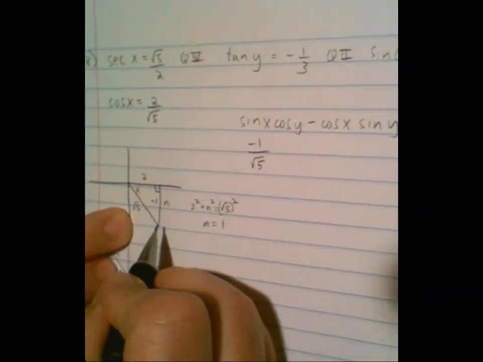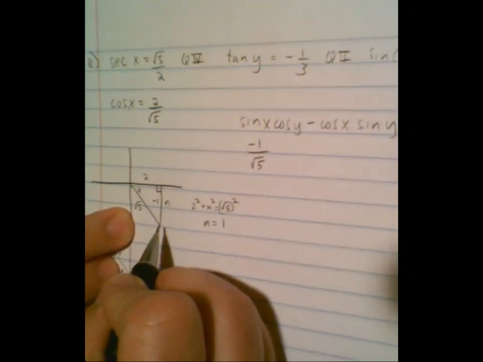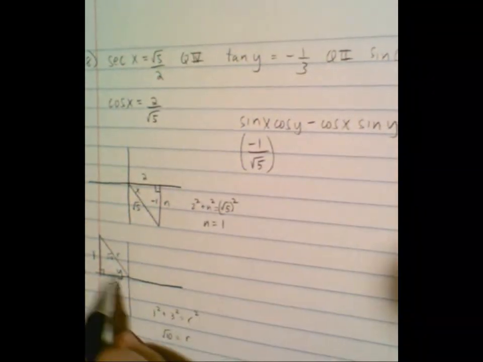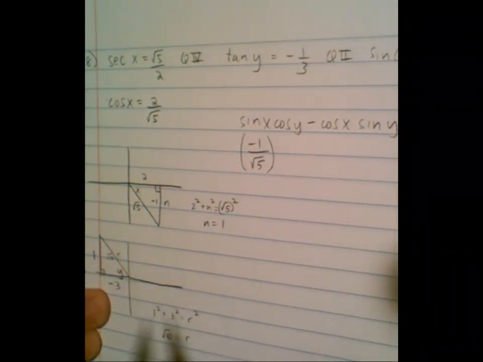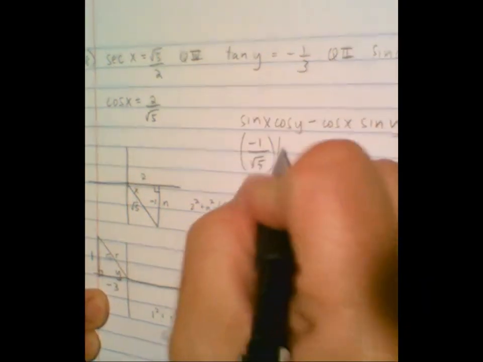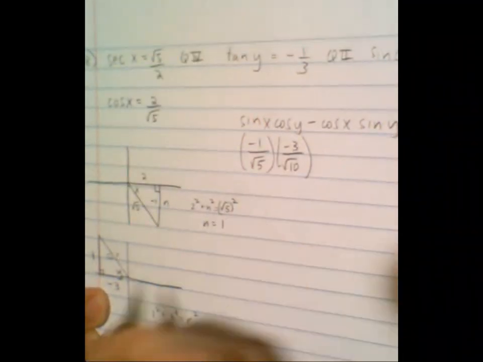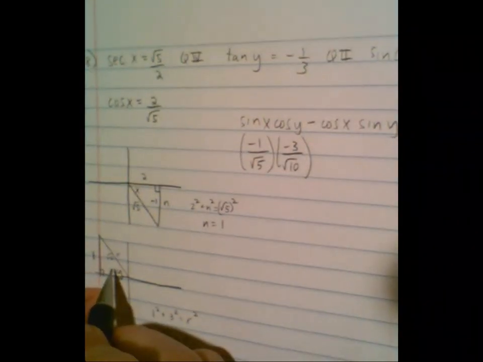And in the fourth quadrant, sine should be negative because ASTC, right? The cosine of y is adjacent over hypotenuse, negative 3 over square root of 10. And again, cosine in the second quadrant is negative.